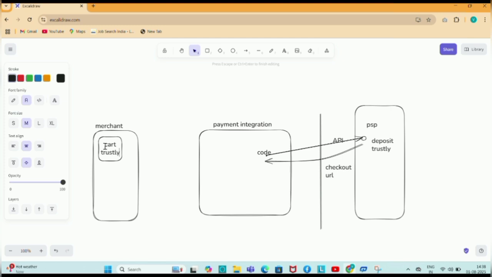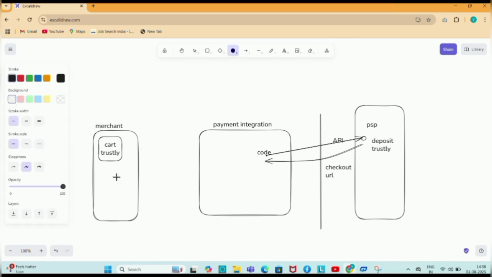Using the Trustly button we make the payment. So Trustly gives the checkout URL back.